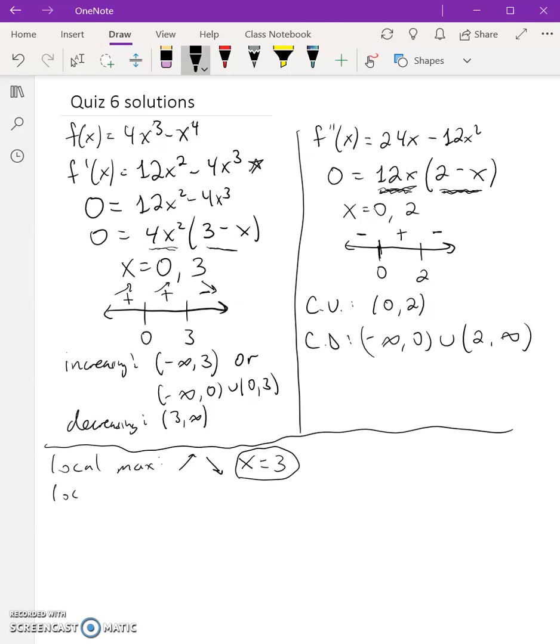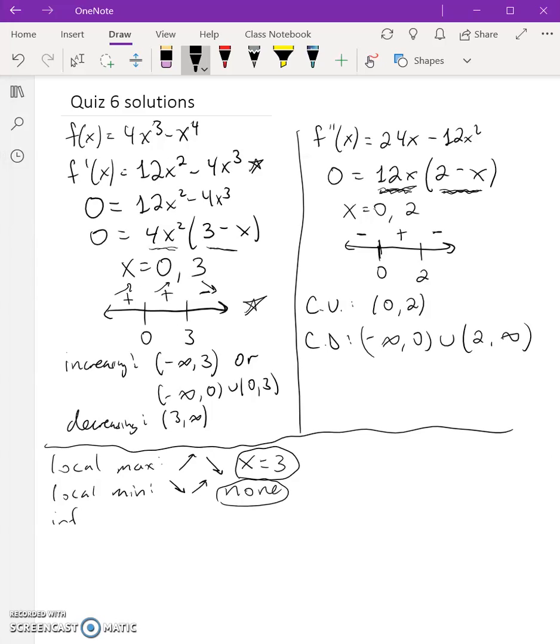A local min is where our function goes from decreasing to increasing. According to our graph up here, we never had that happen, so there are no local minimums.